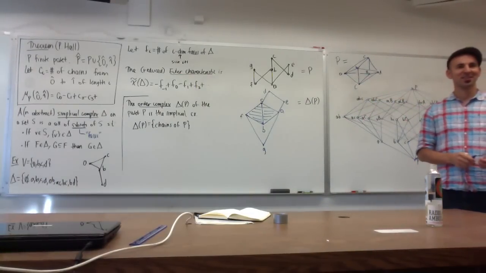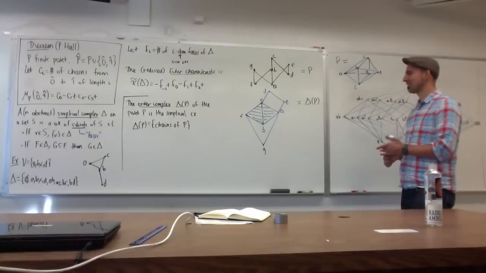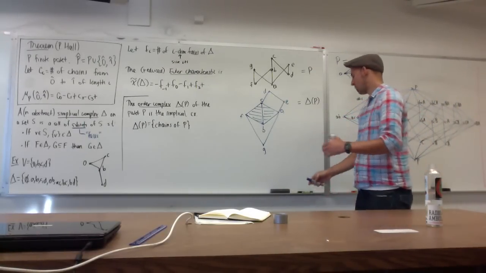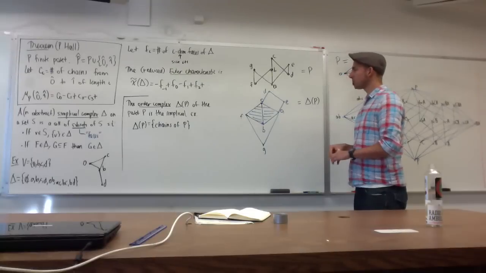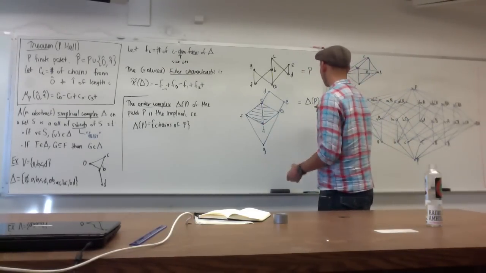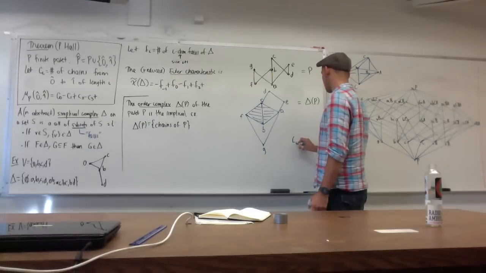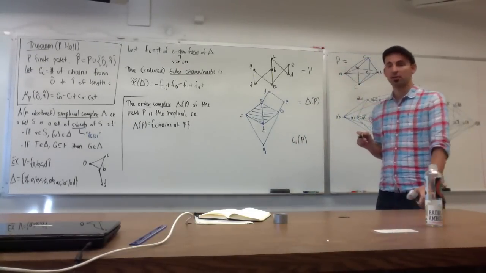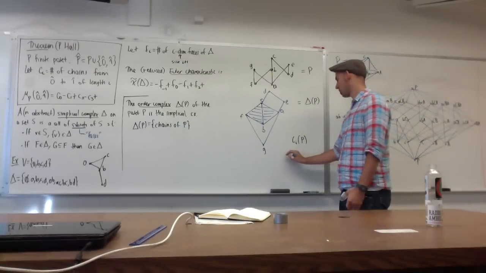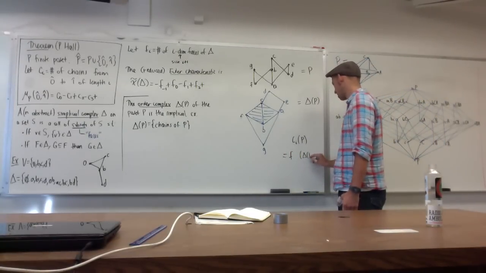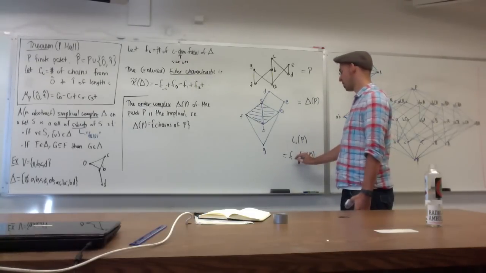Do we agree? So there you go. That's the order complex. Now, what you should realize is that the number of chains of the poset of length i is equal to the number of faces in the simplicial complex of dimension i.